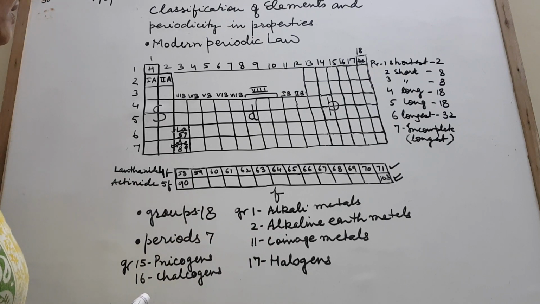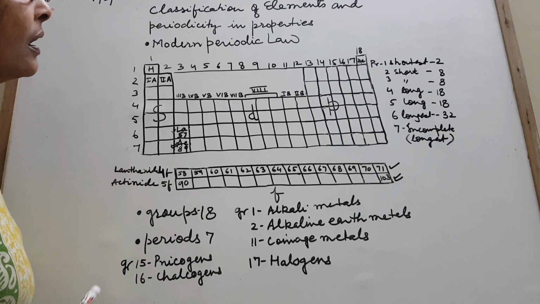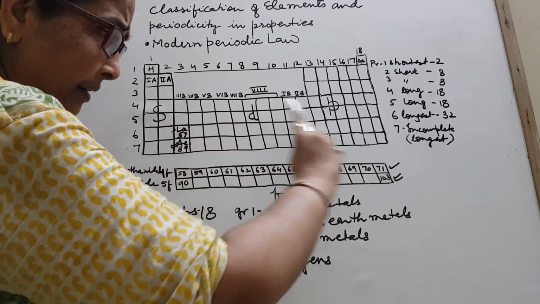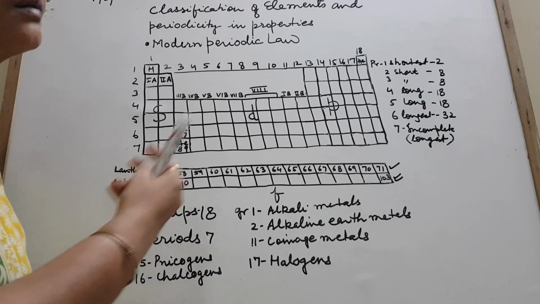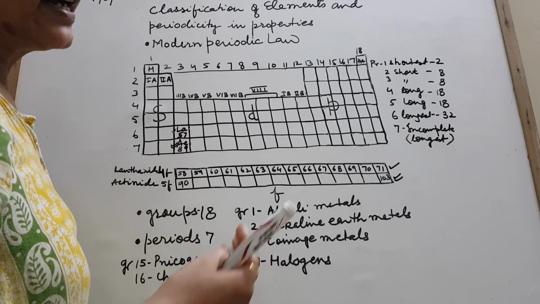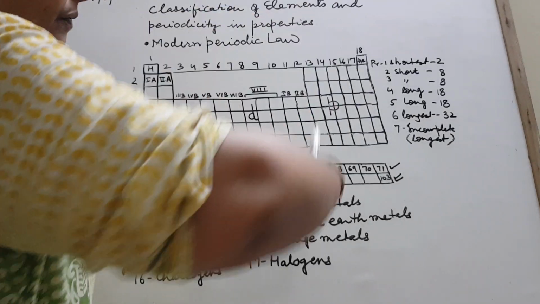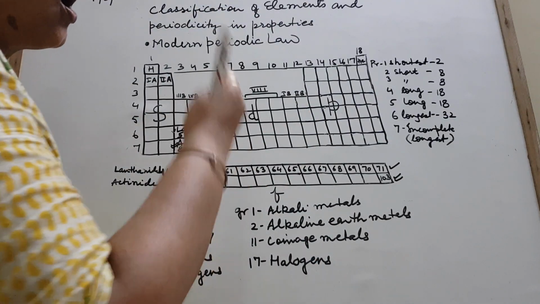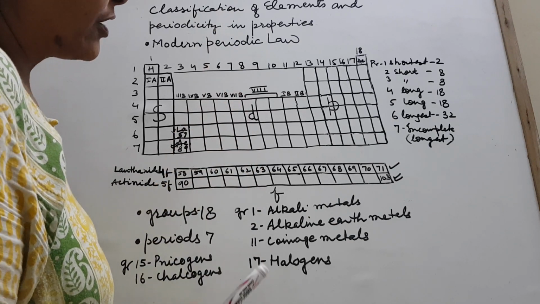So periods tell us the total number of shells, giving an idea about the principal quantum number, while groups tell us the electronic configuration. All the elements of a particular group have the same electronic configuration.